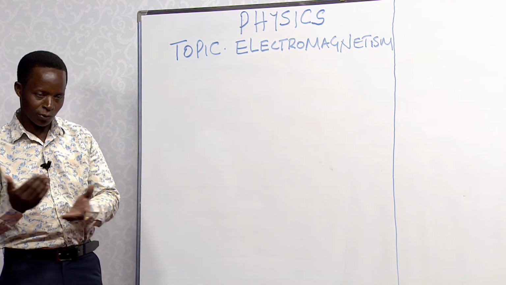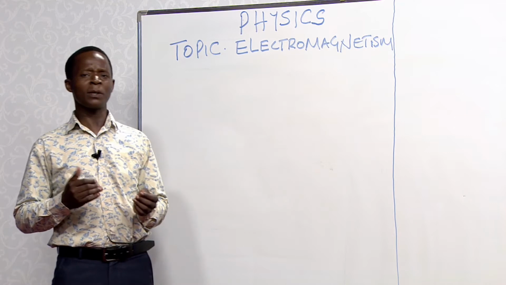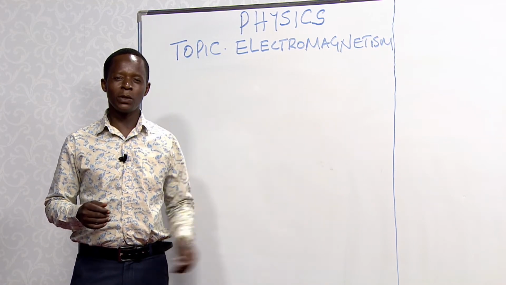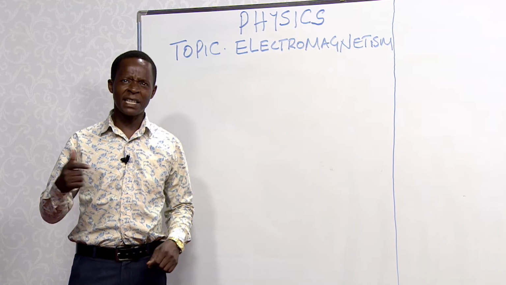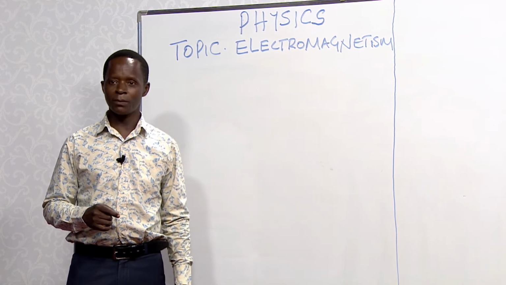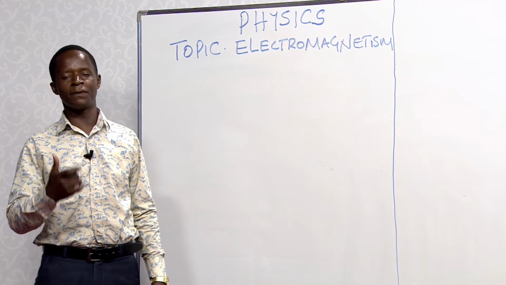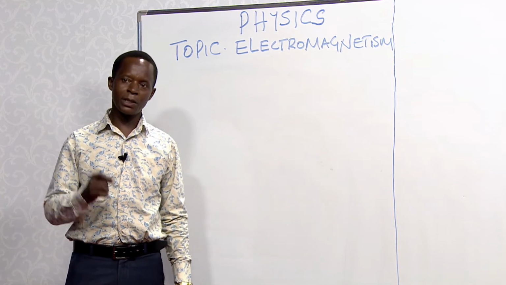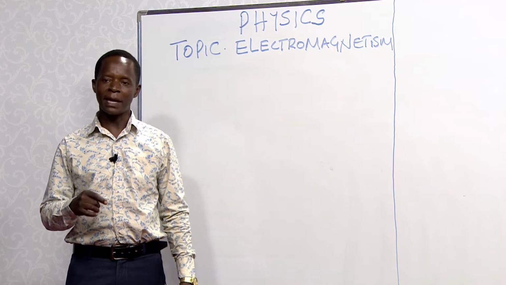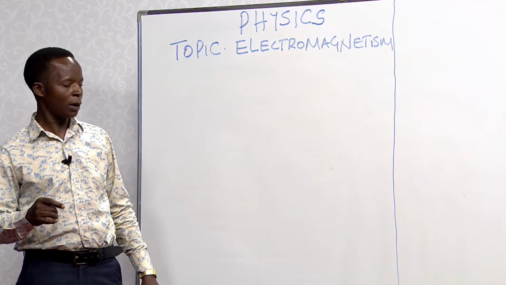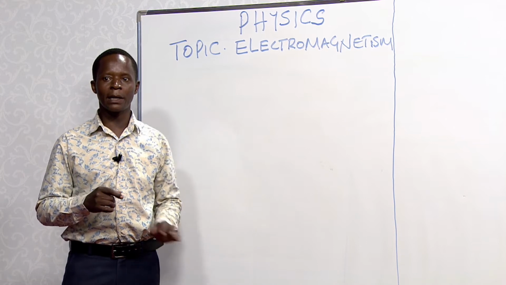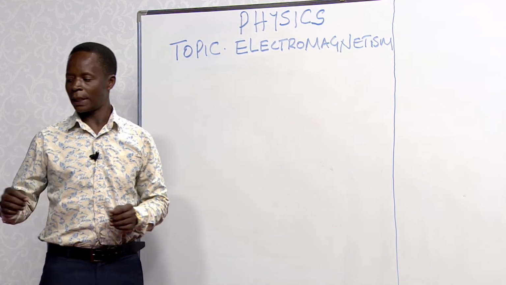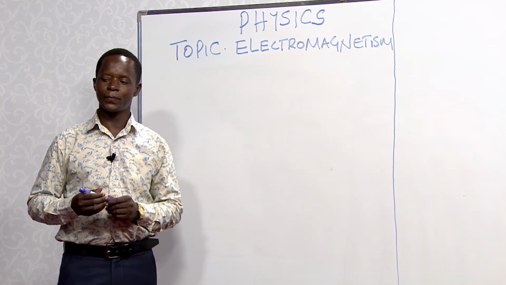That helps you to relate to the concept you did when the teacher was teaching you about magnetic fields. That was in magnetism, where he or she defined that a magnetic field is a region around a magnet or around a wire carrying current in which a magnetic force is experienced.